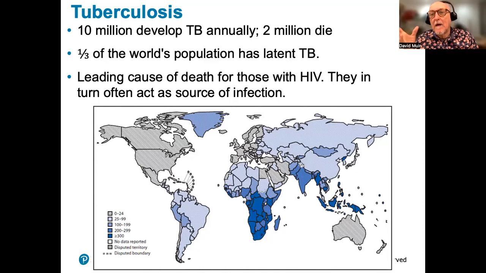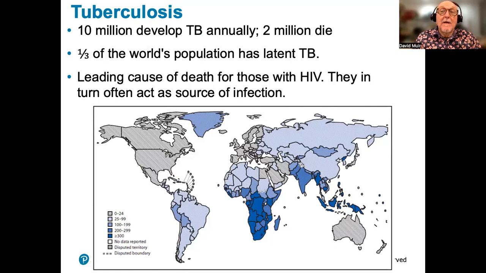And that is more characteristic of developing countries. And so, unsurprisingly, tuberculosis remains very common in developing countries. About 10 million people a year develop tuberculosis, and of those, about 2 million will die.